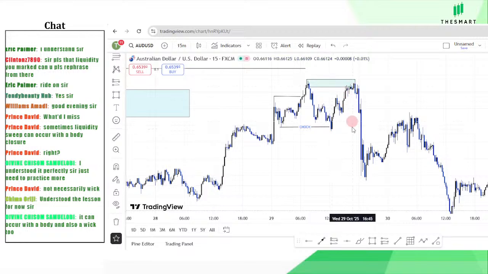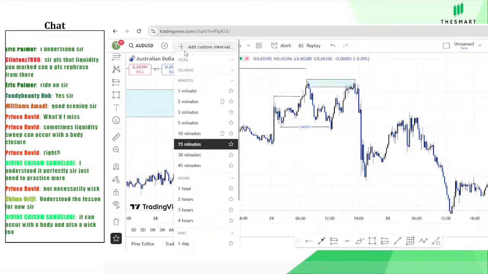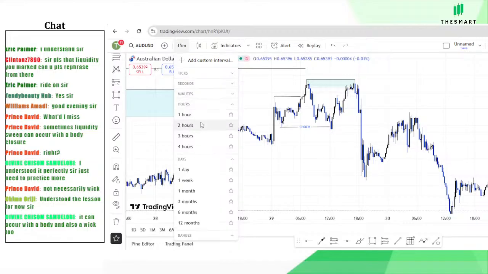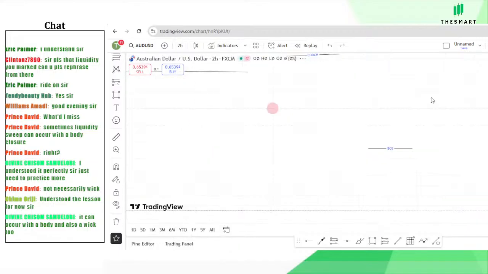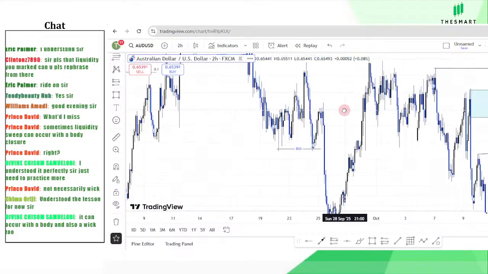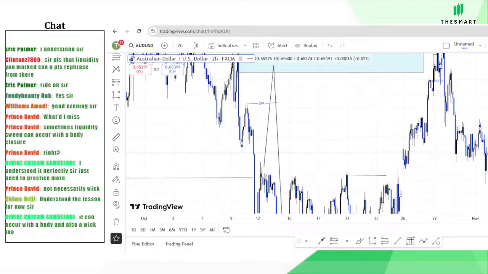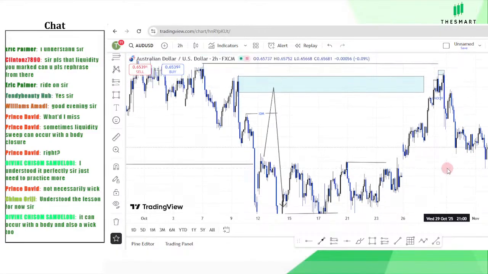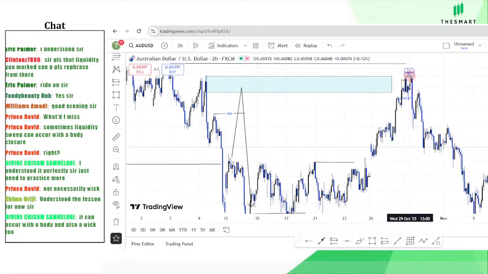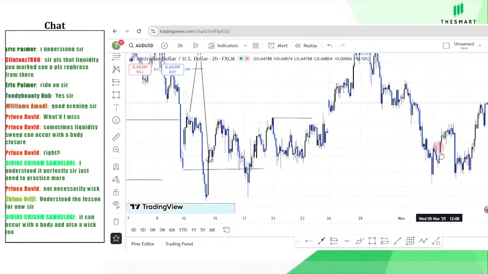Then imagine trying to target this entire move to the downside, just like what we were expecting. Look at this. How will you know this if you don't understand sweep? How will you know this if you don't understand your chart? It's not by rushing to fund.